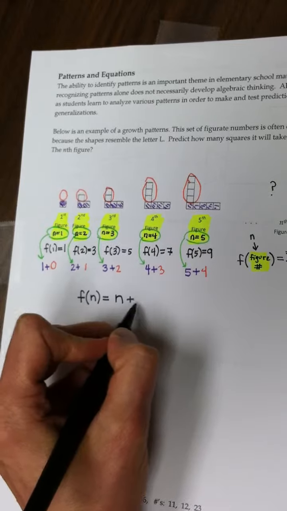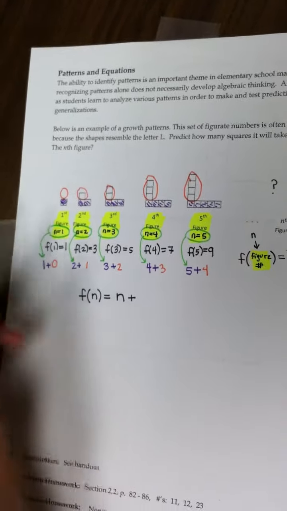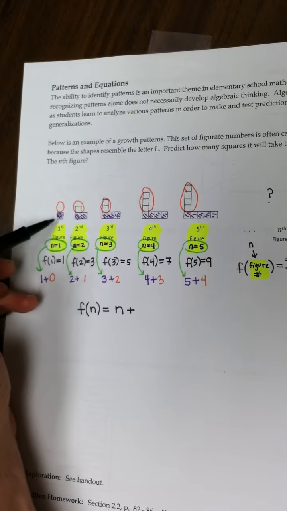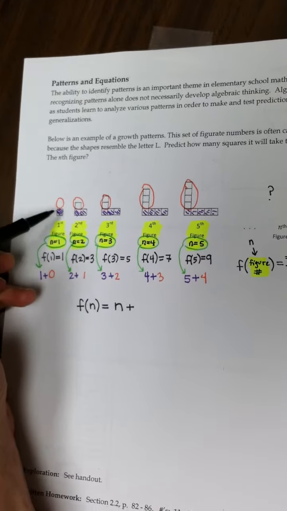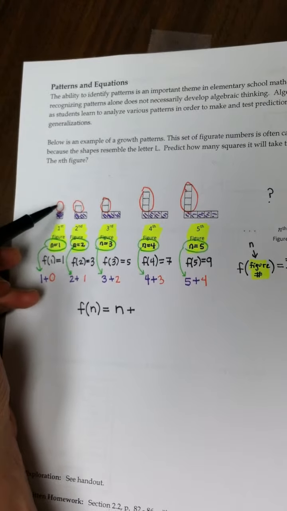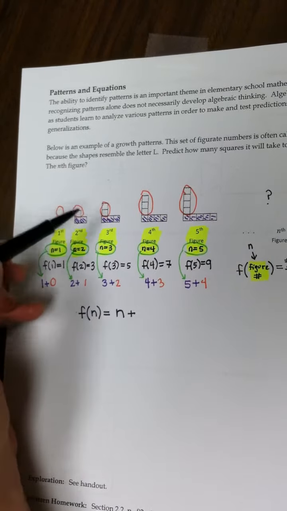Then I'm going to add something to that, and I can see that the number I'm adding, the stack of blocks on top of the bottom row, is always 1 less than the bottom row. If I had 1 in the bottom, there was nothing on top. 2 on the bottom, there's 1 less, there's 1 on top. 3 on the bottom, then there's 1 less, there's 2 on top. 4 on the bottom, yep, 1 less, that's 3 on top.